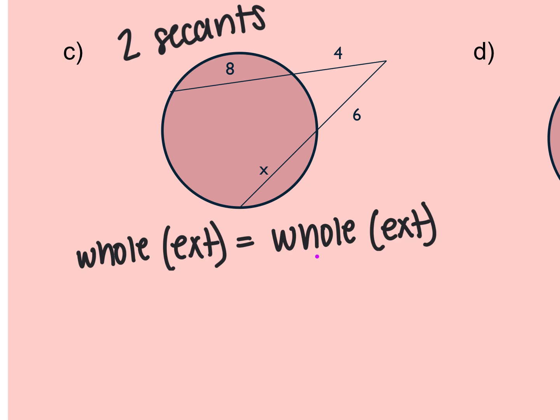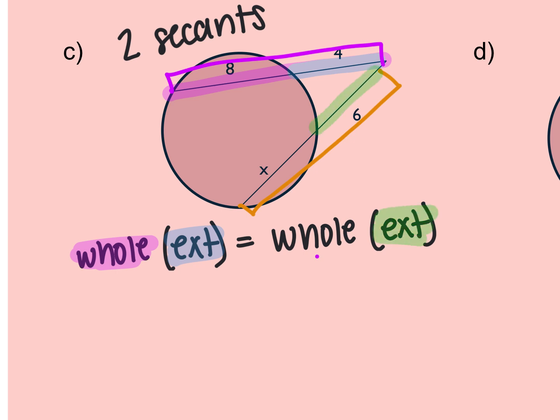I have my whole, then I have my external. I'll put this in purple. Then I have my whole, then I have my external. So I'm trying to color code it. The first one, the top one, doesn't necessarily have to go first. You could switch them if you wanted to.